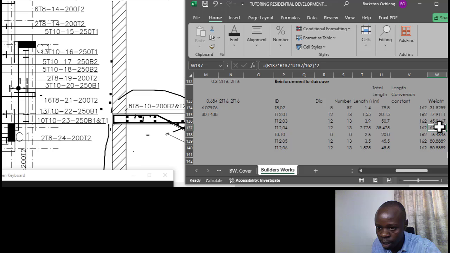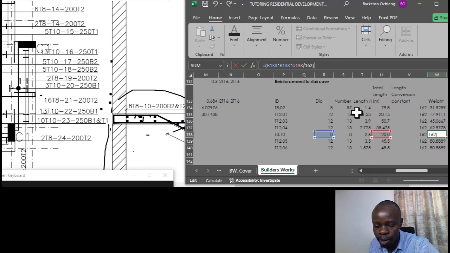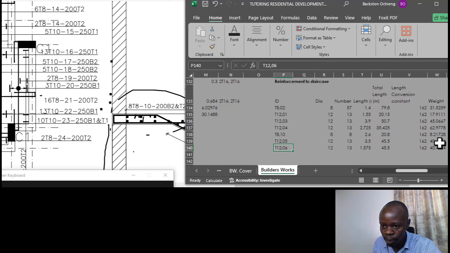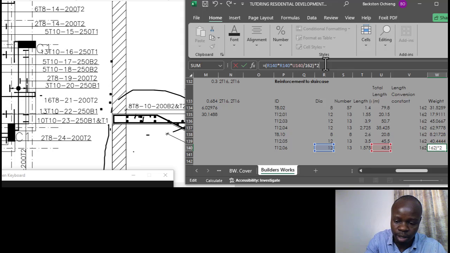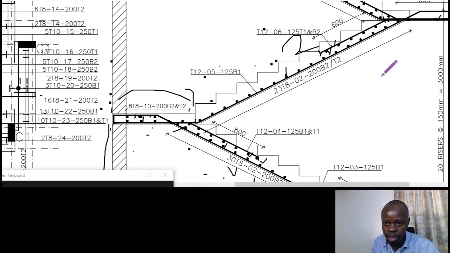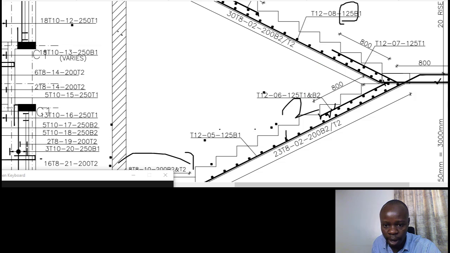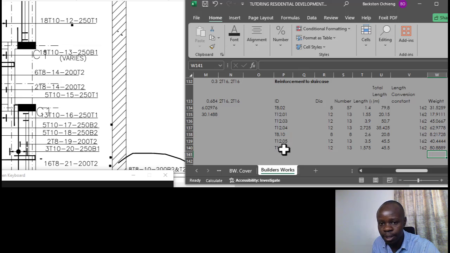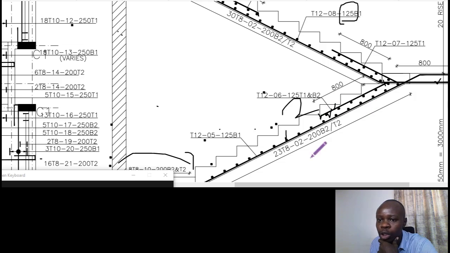So this is the one that should be having the times 2. These other ones shouldn't be multiplied by 2, so I need to delete that. Yeah, that is how keen you should be, so that you don't repeat. But here we need to have it times 2 based on what we've done. That is now bar mark number 6. We need to multiply by 2.